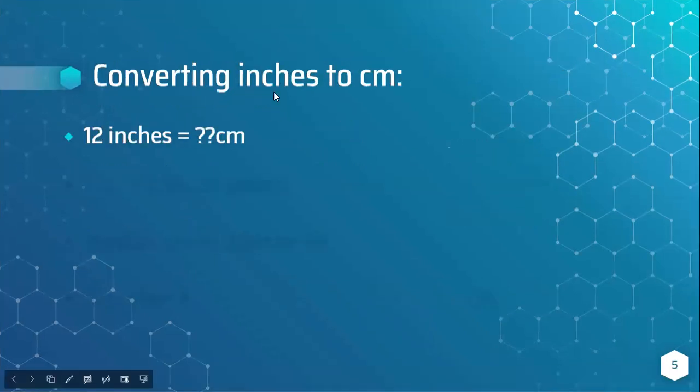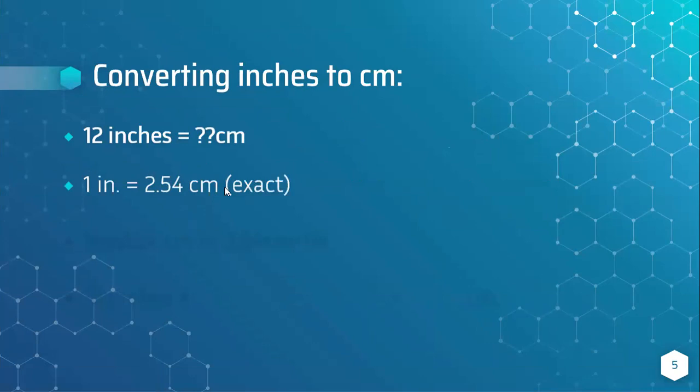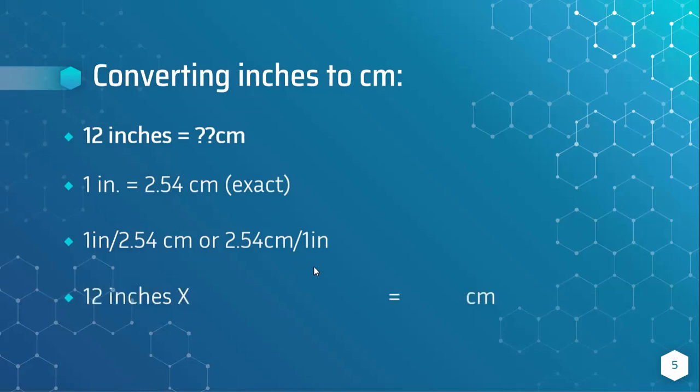So converting inches to centimeters, we have 12 inches. We want to know how many centimeters. This is from our table, 1 inch is equal to 2.54 centimeters. We can set that into an interconversion, like I said, either 1 inch per 2.54 centimeters, which is useful when we're going from centimeters to inches, or 2.54 centimeters per 1 inch if we're going from inches to centimeters.